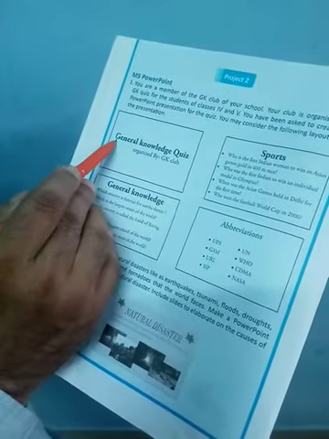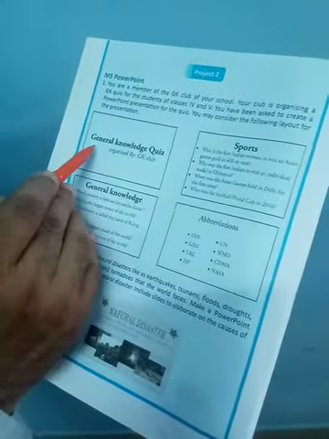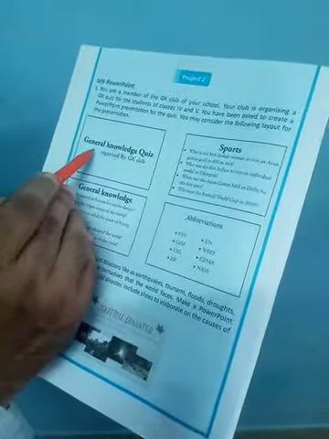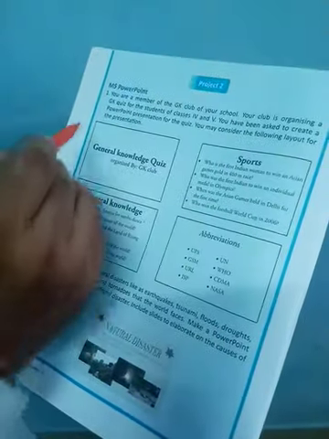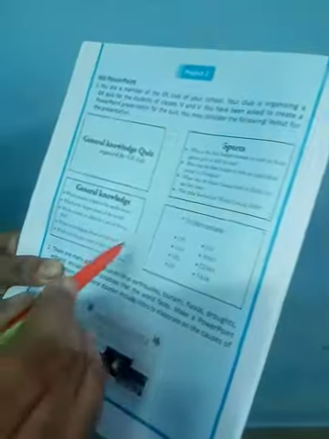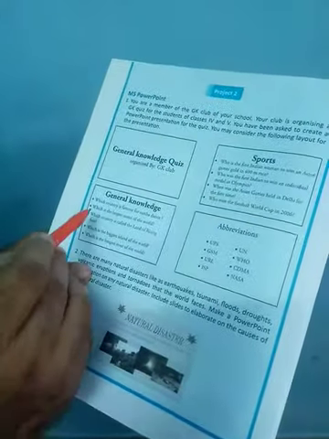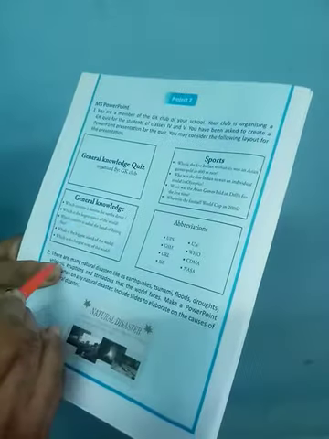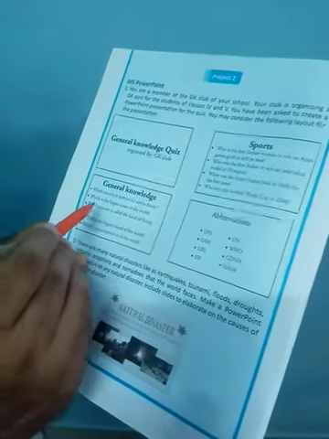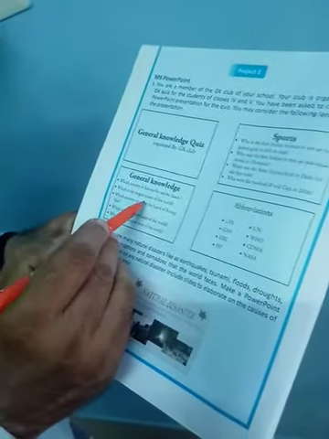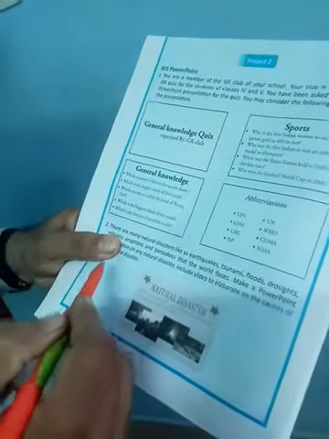Okay, first is a heading; this is the first slide: General Knowledge Quiz, organized by the GK Club. Then this is the second slide with general knowledge questions. Which country is famous for the Hula dance? Which is the largest ocean of the world?